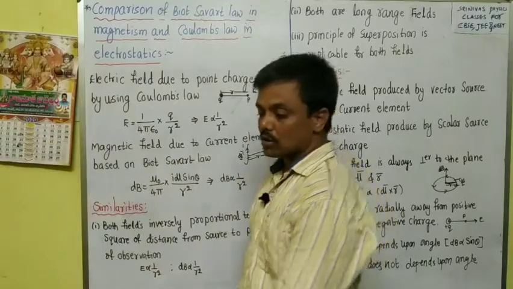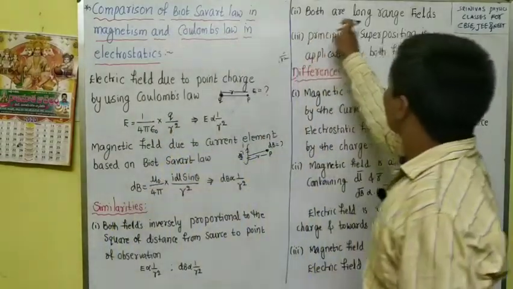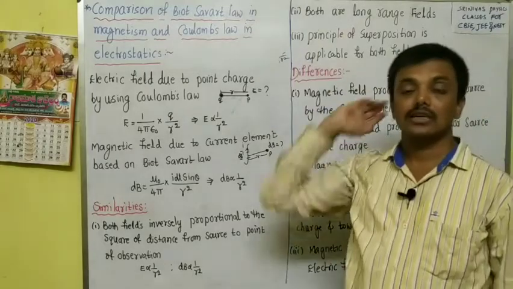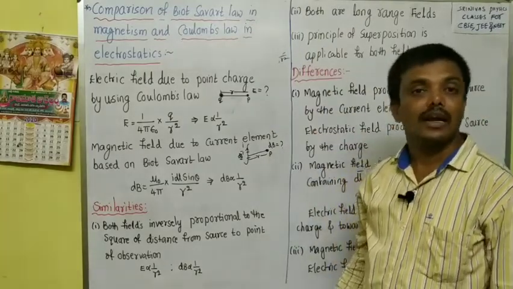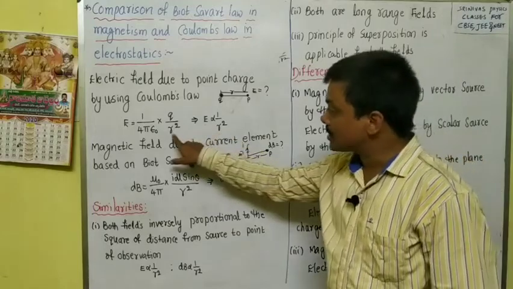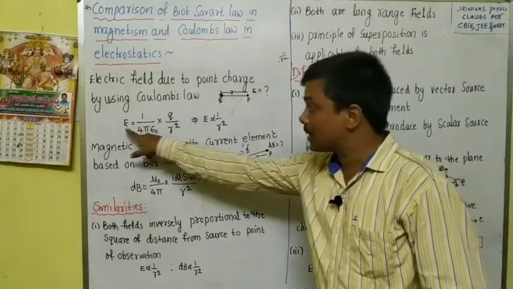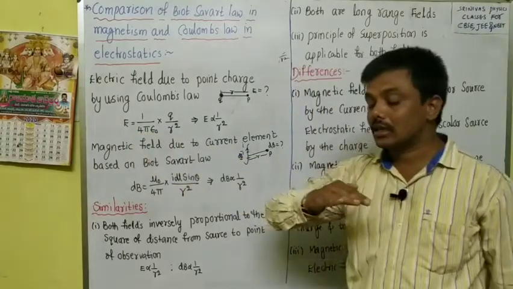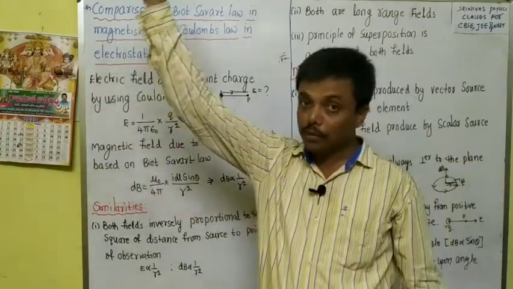Now let us discuss one more similarity. Both are long range fields, meaning up to a long distance the electric field and the magnetic field will be there. When will the electric field become zero? If you take the distance as infinite, the electric field becomes zero.